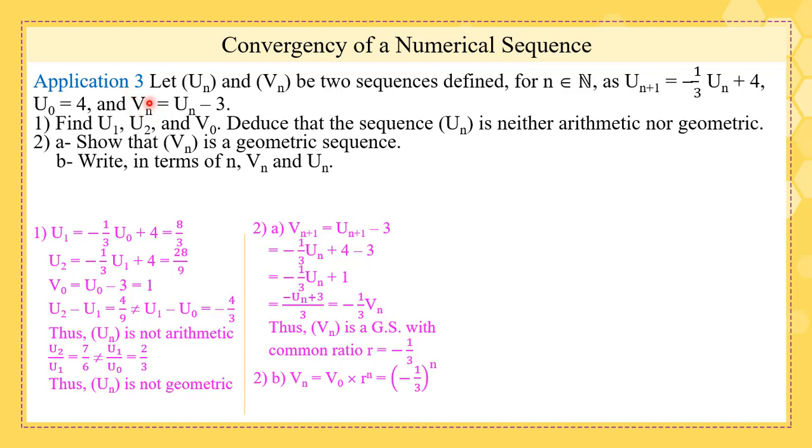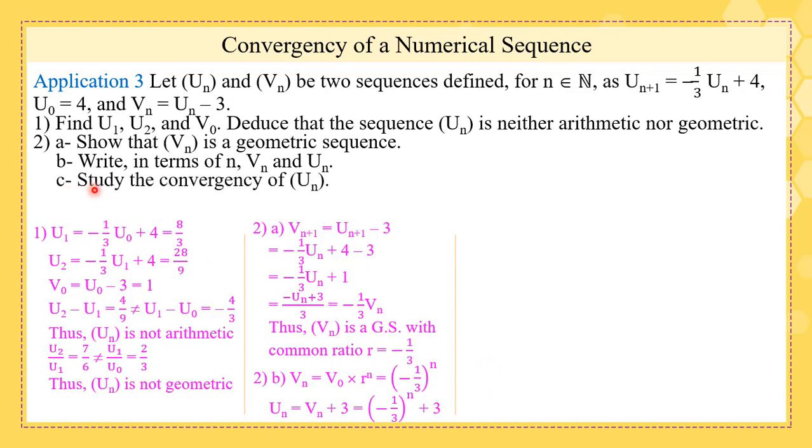If we know Vn, we can tell what is Un from here. Remember here, Un is not an arithmetic sequence and it's not a geometric sequence, so we don't have a general formula for its general term. That's why we have to see the relation between Vn and Un in order to find the general term Un. So Un here is Vn plus 3, and we know Vn is negative 1 over 3 to the power n, so Un is negative 1 over 3 to the power n plus 3. Let's continue.